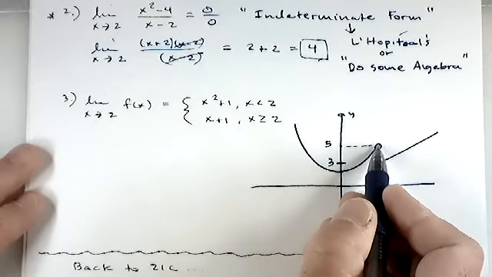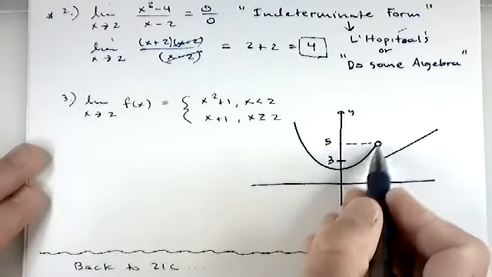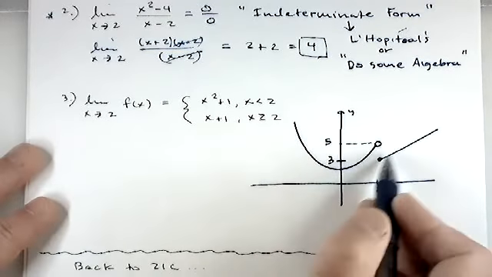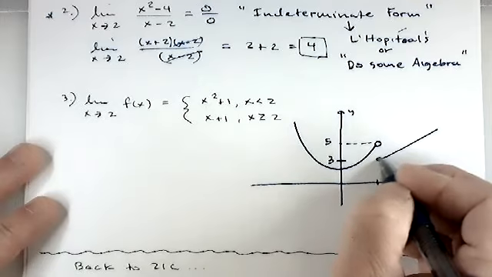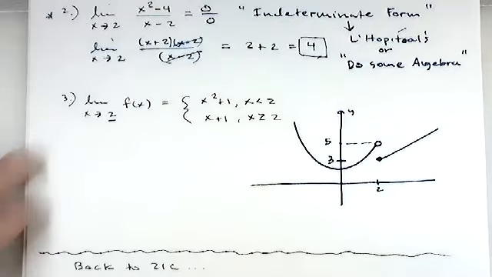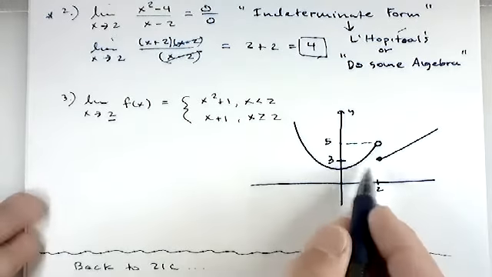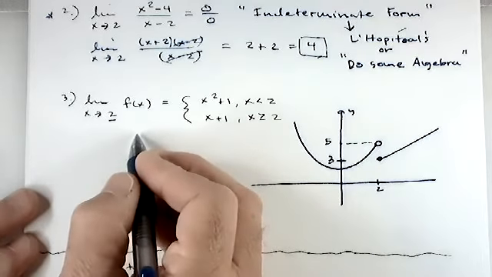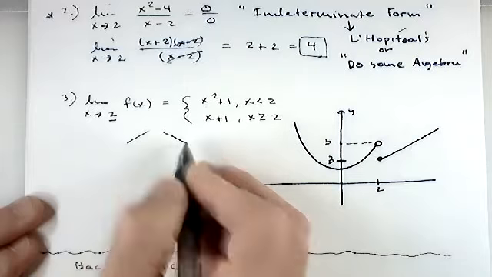And knowing now what the graph looks like, that to the left of 2, my parabola wants to end at 5, and to the right of 2, my line wants to stop right here at 3, what would we say is true about the overall limit as x approaches 2? D and E, perfect. Yeah, that limit would not exist. And remember that in 21a, you probably wouldn't be allowed to just get away by saying the limit doesn't exist.